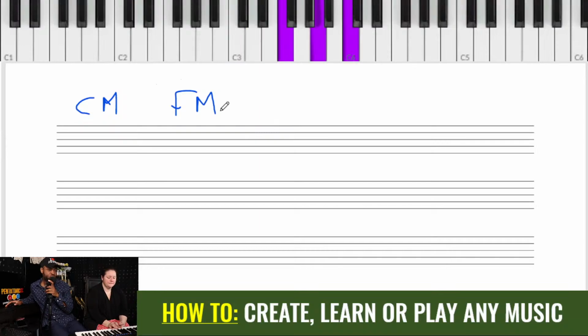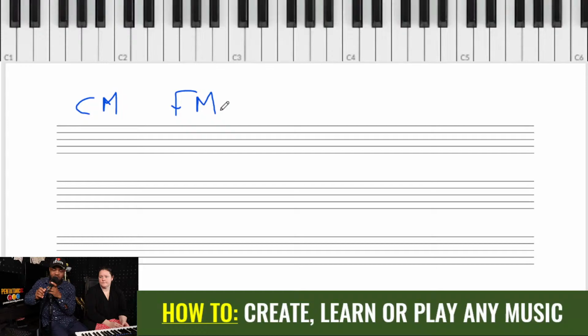Now you see, when we're playing a song, we don't want to be jumping all around like that. You understand? So what we rather want to do is look at what are called inversions, so that we can use inversions of either chord, which helps you keep the notes closer to each other.